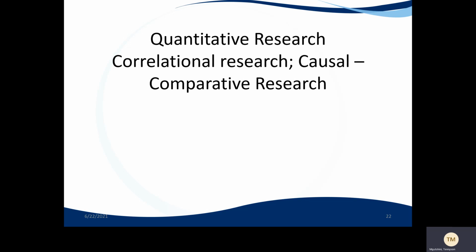Very rarely will you yourself actually be the person introducing the manipulation that we're interested in. So in many respects, it's the correlational research and the causal-comparative research that becomes the biggest umbrella under which many of the studies that you have will fall.